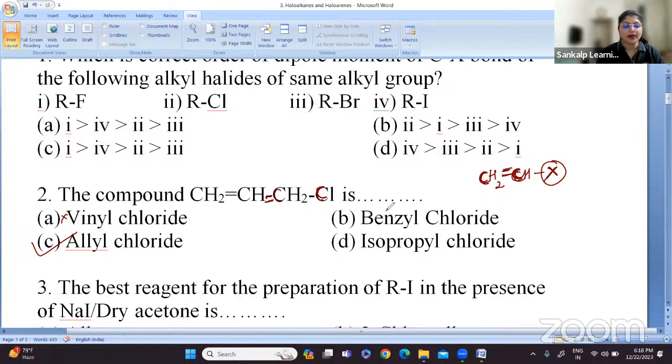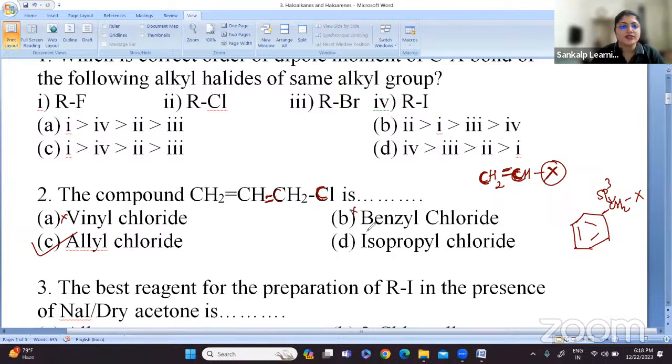Now, what do you mean by benzyl chloride? In benzyl chloride, the halogen atom is bonded to a sp3 hybridized carbon atom, which is next to an aromatic ring. Is your halogen atom attached to a sp3 hybridized carbon next to an aromatic ring?